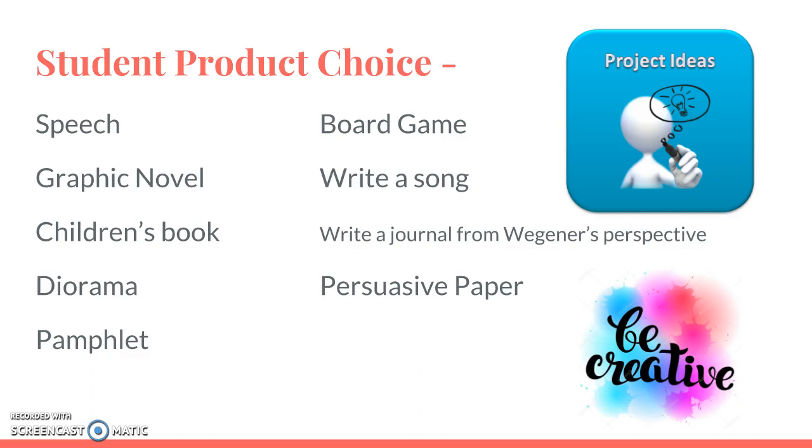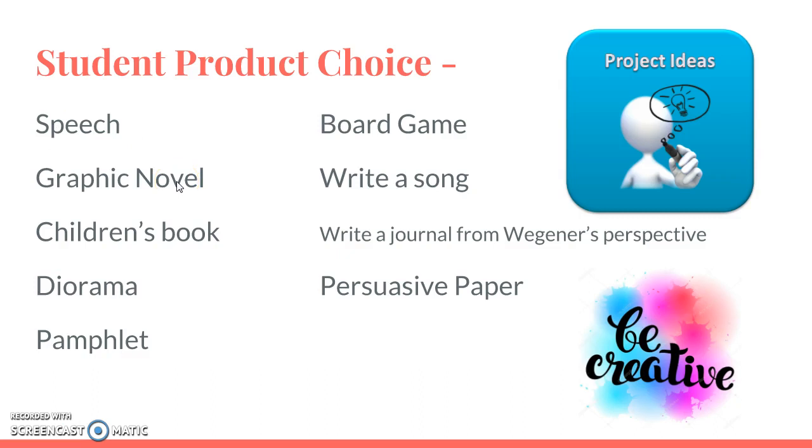Which could include, and actually I just thought of this off the top of my head right now, you could do a skit where you could honestly be Alfred Wegener, perform it in front of the class, and pretend to be presenting your idea to others. So you could do a speech or a skit.